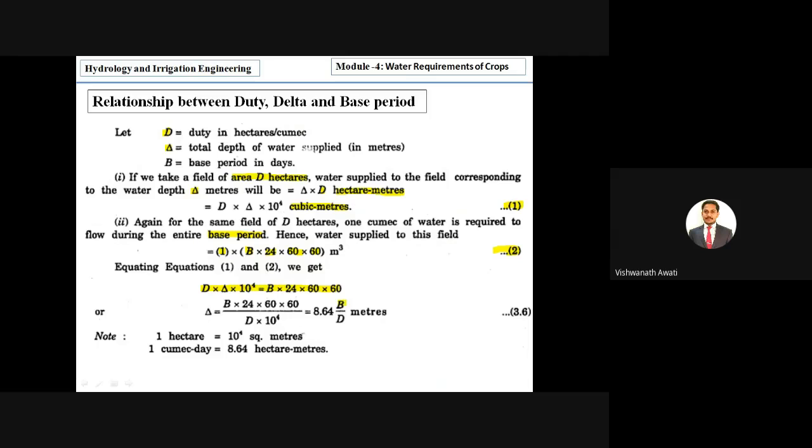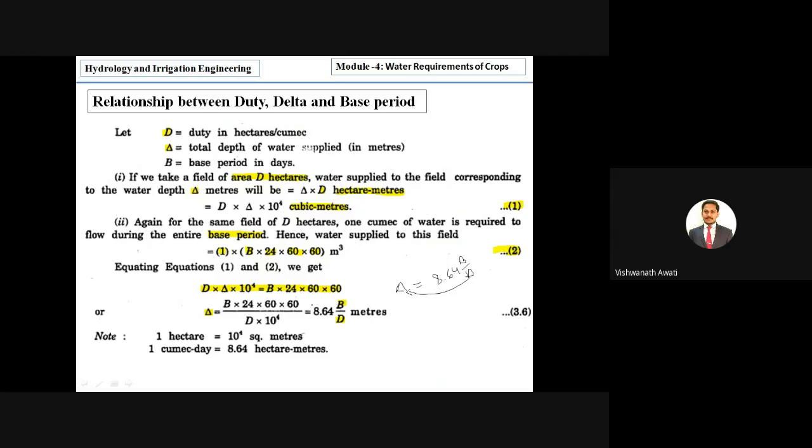Here B is the base period, D is the duty of the crop, and delta is the total depth of water required for the crop. Very simple. This relation is very important, and you will get many questions based on this equation: delta equal to 8.64 B divided by D. You can even interchange it; when you want to calculate duty, then D will be 8.64 B by delta.